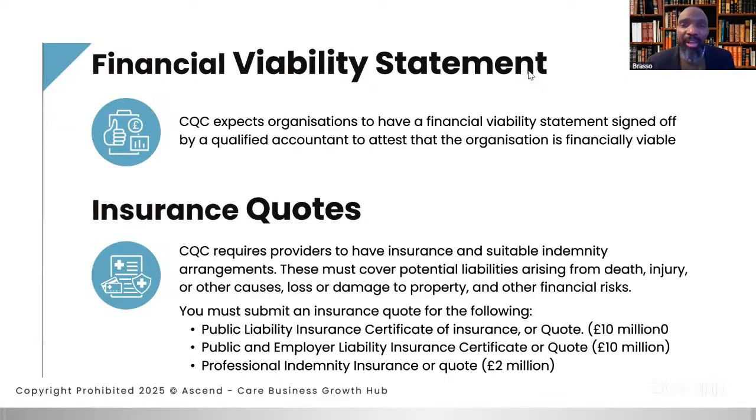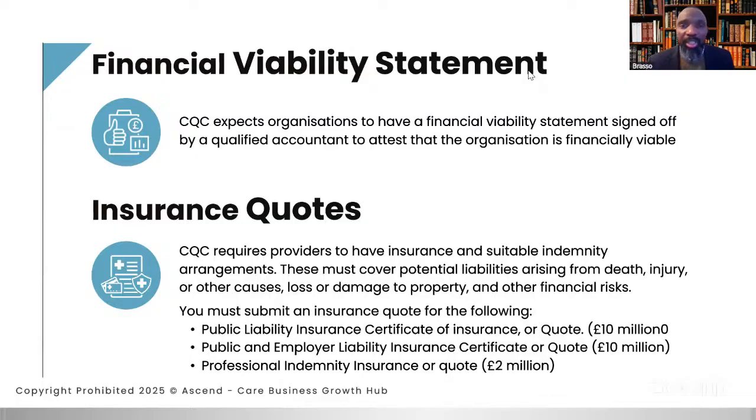The financial viability form doesn't guarantee that CQC are going to accept the document, but it's good to have it and be clear in explaining how the financial aspect of the business is going to be handled.